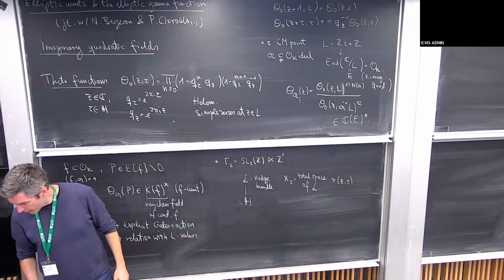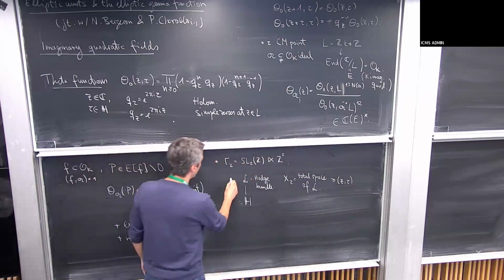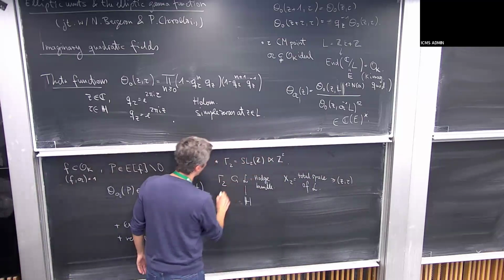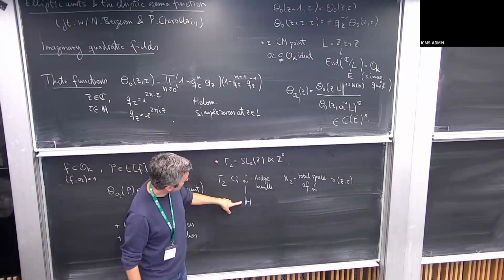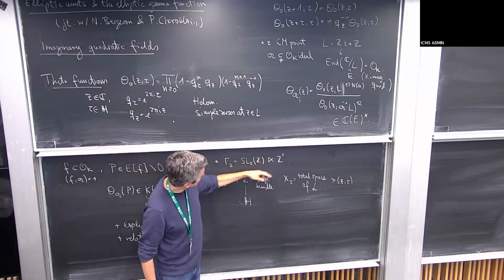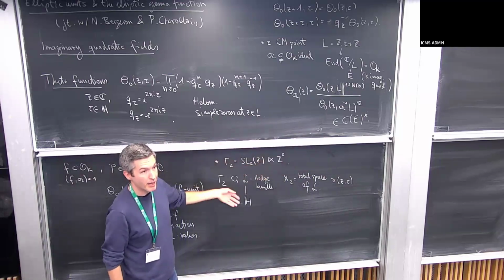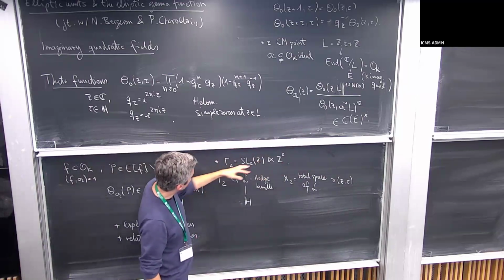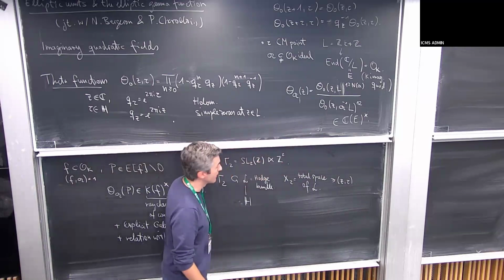And so gamma 2 acts on this. SL2Z acts on H, but I also have this copy of Z2 acting on the fibers of L additively. So this semi-direct product acts on this total space.